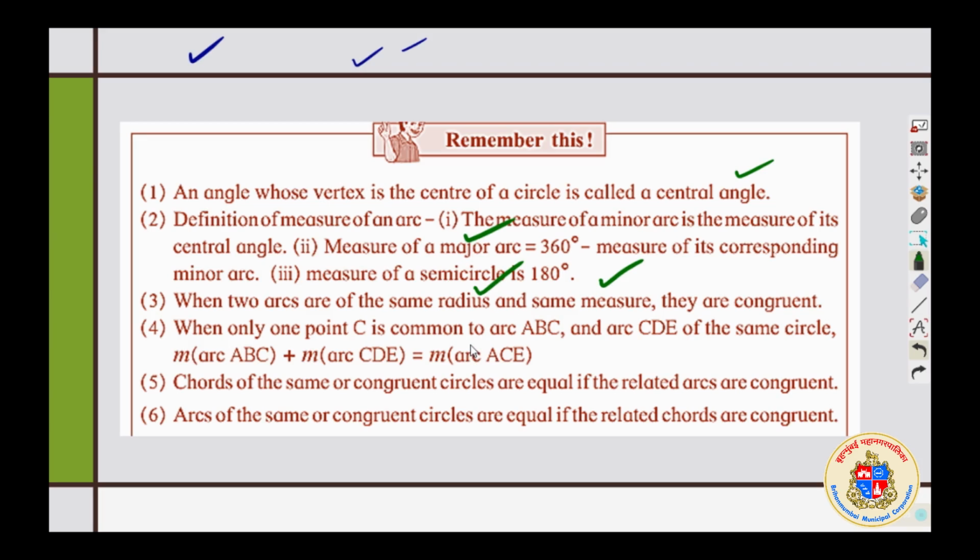We can add the arcs' measures if they are in the same circle with the same radius. We also found that if the arcs are congruent, the corresponding chords are congruent. If chords are congruent, the corresponding arcs are congruent. Understood? This way, our conclusion.